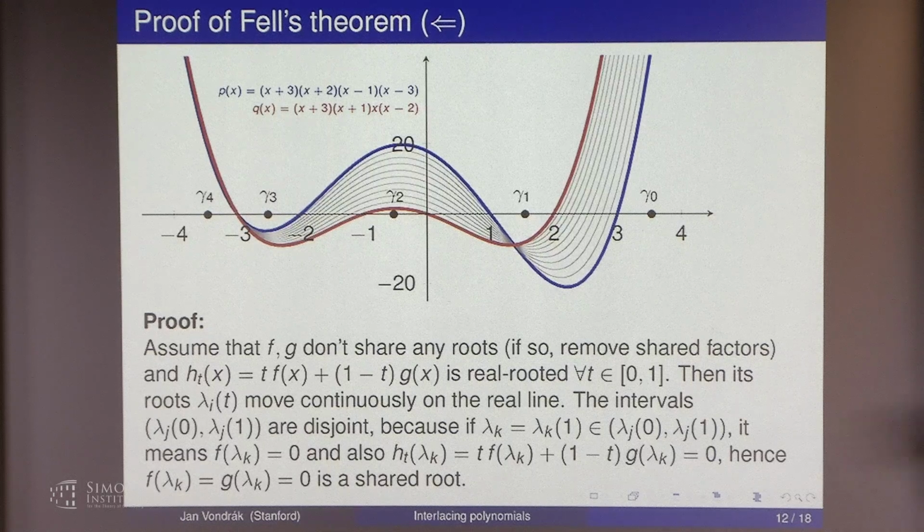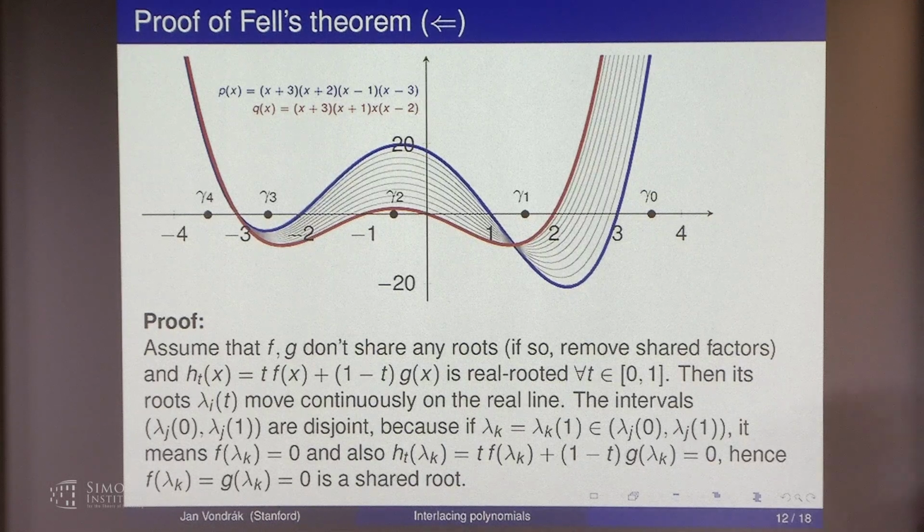Now it's useful to have the fact, which was an exercise after the first lecture, that if you change the coefficients of the polynomial continuously, the roots move continuously in the complex plane. Now we assume in addition that all these intermediate polynomials are real rooted. So actually the roots move continuously on the real line. They're not allowed to escape to the complex plane.